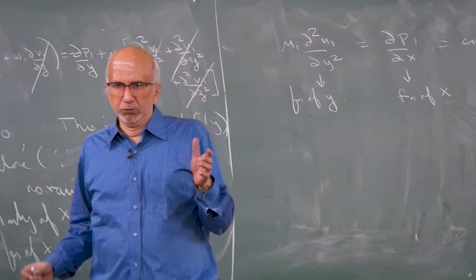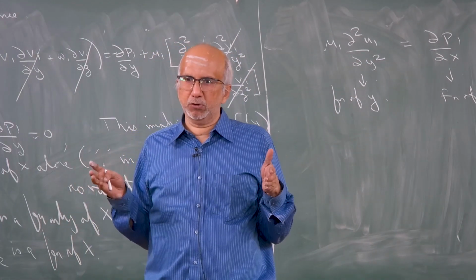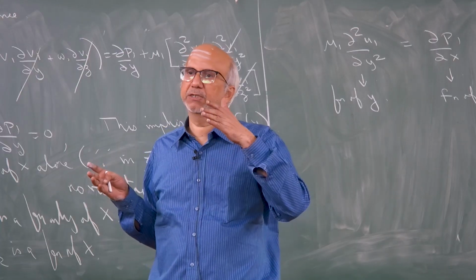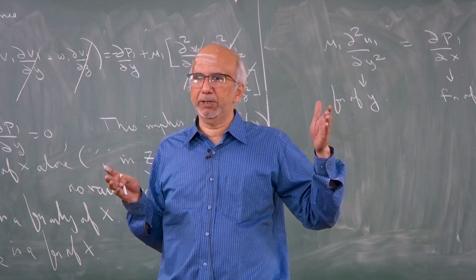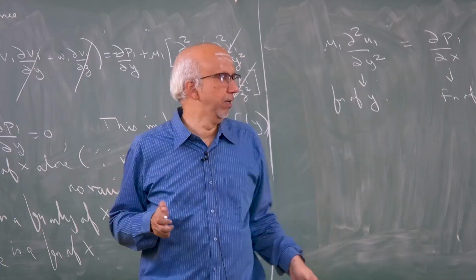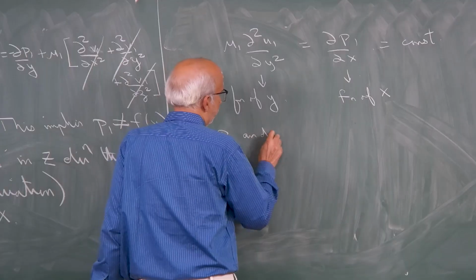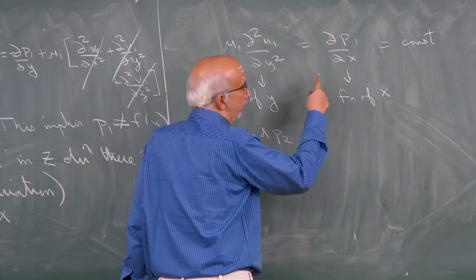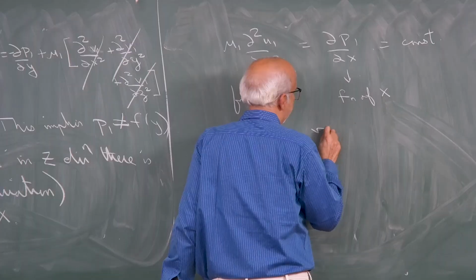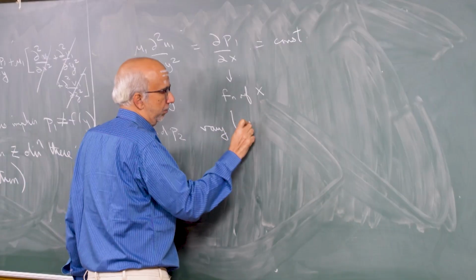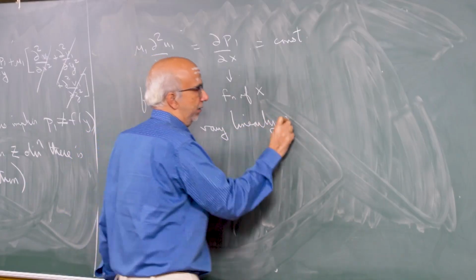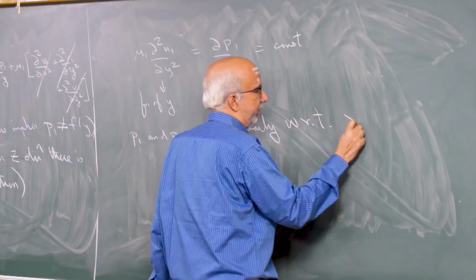So basically dp1 by dx is constant, which means pressure is varying linearly with respect to x. So P1 and P2, because P2 will be similar, vary linearly with respect to x.